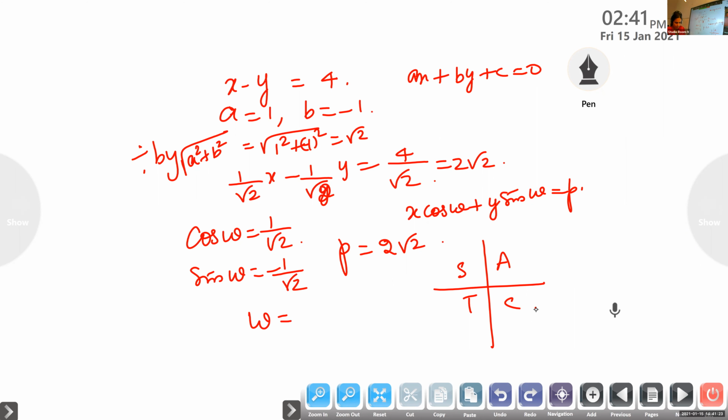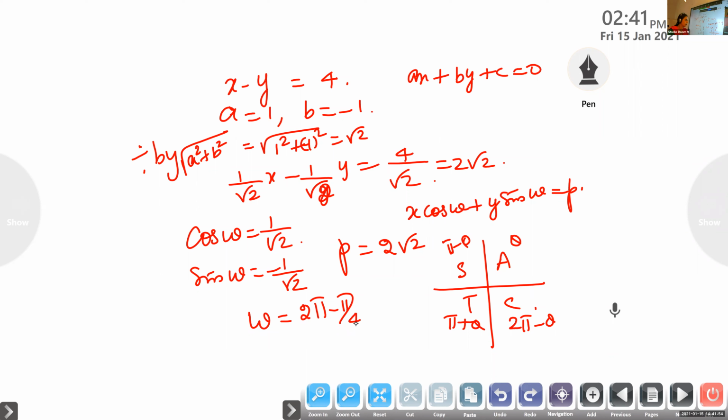In the fourth quadrant, the angle takes the form 2 pi minus theta. Here it is theta, pi minus theta, pi plus theta, and the next is 2 pi minus theta. So here it is 2 pi minus pi by 4, isn't it?